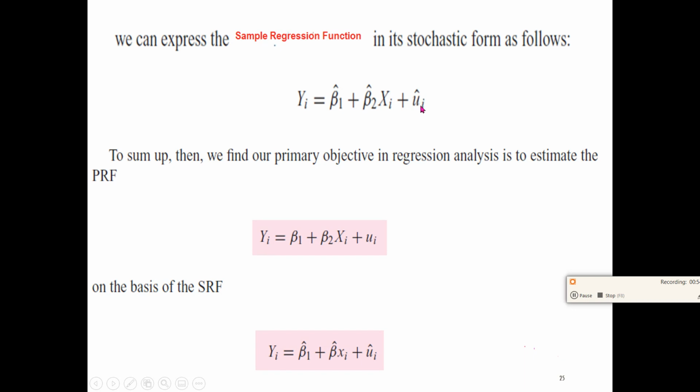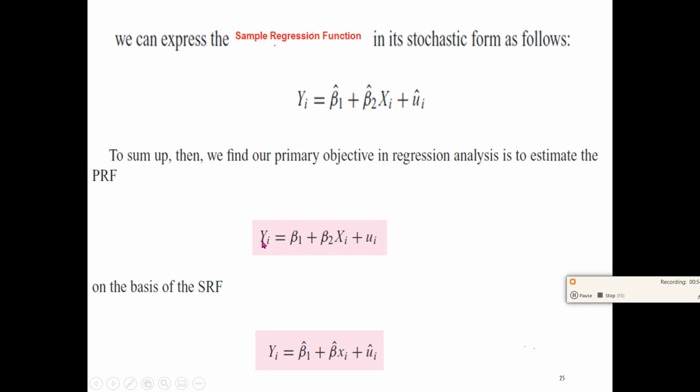Because once again, this u_i hat is an estimate of u_i in the population. That is, this is actually population regression function. That is, if I use the data on full 60 families, then the regression equation will be this. But we want to use minimum data to give a very fair approximation of this population regression function.